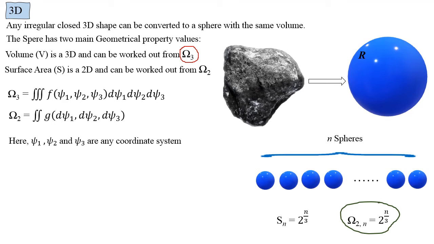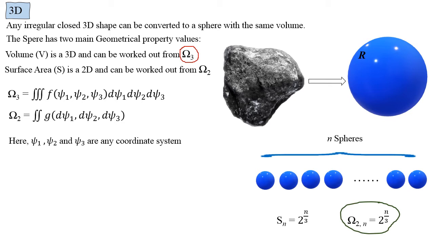The triple integration for omega 3 after normalization can be written in the following way, and the double integration represents the surface area of this shape, or in our case the sphere, given in a double integration the same way.